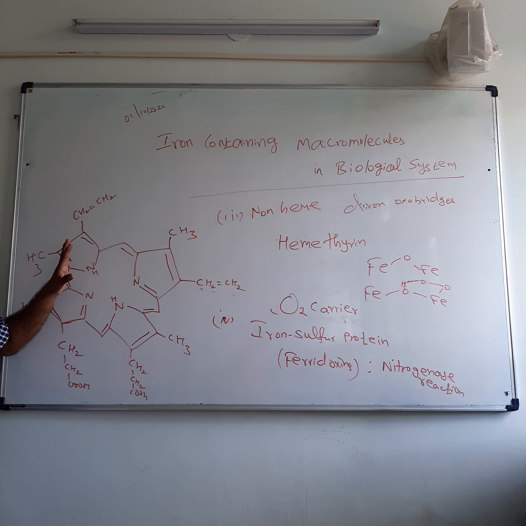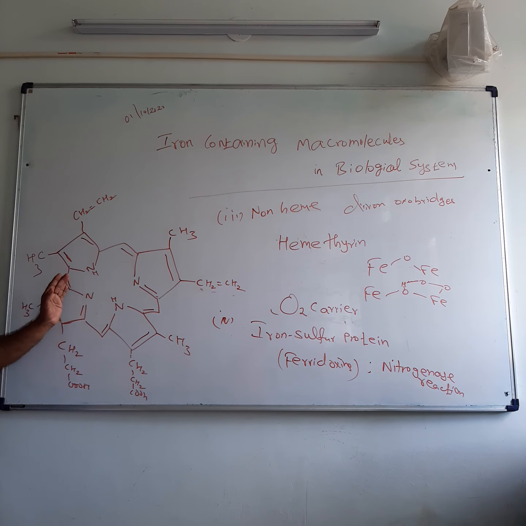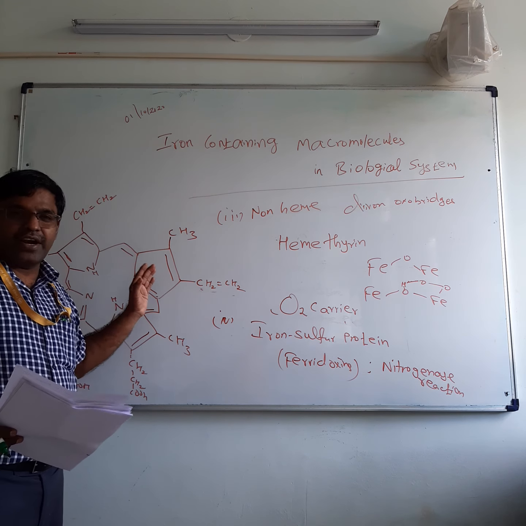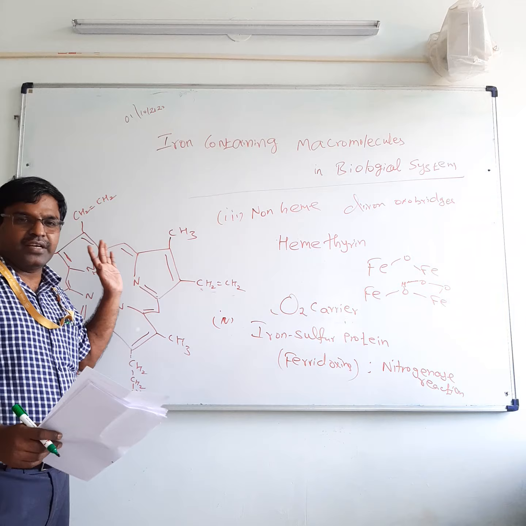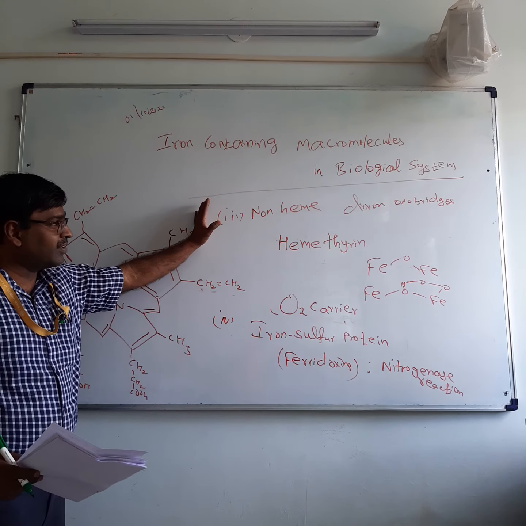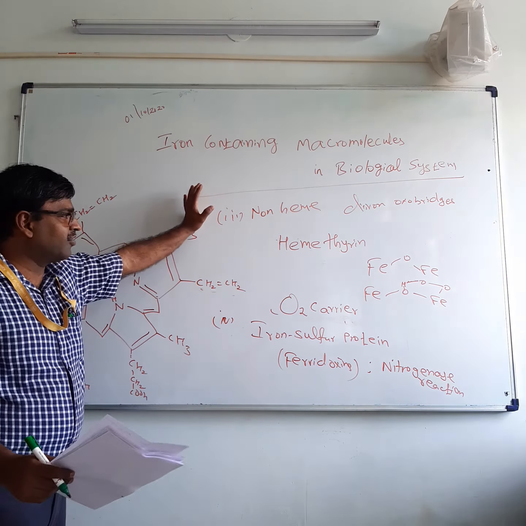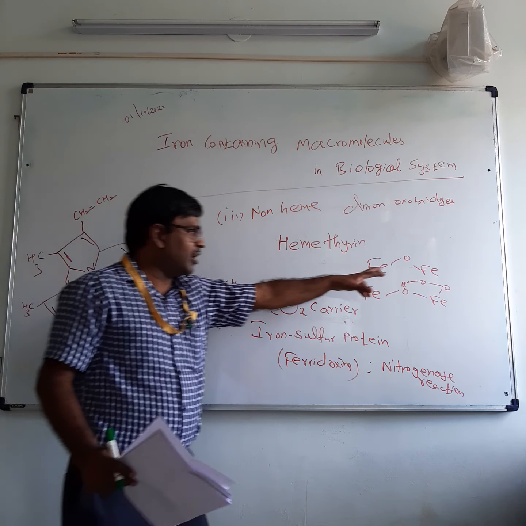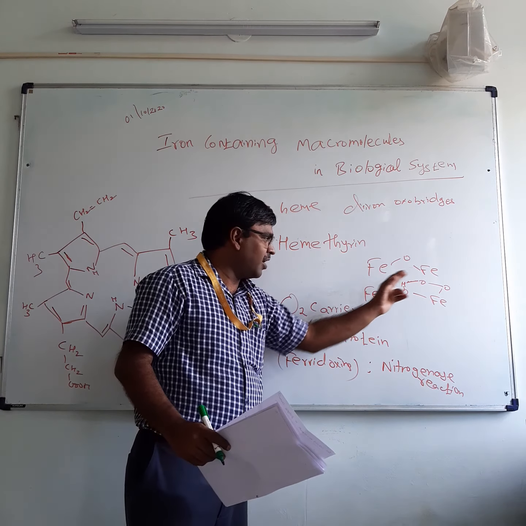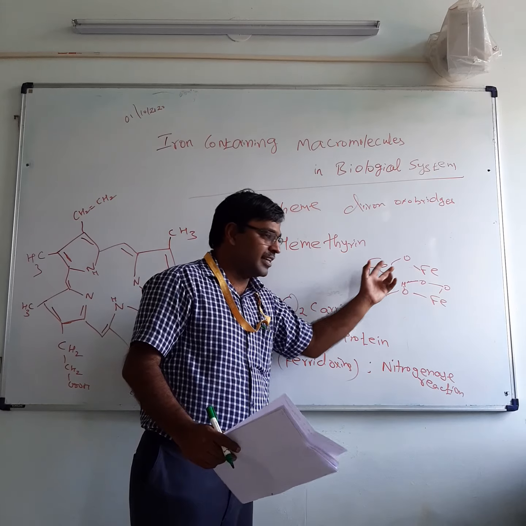That is the heme protein based iron macromolecule, used for oxygen storage as well as oxygen transfer. Then the non-heme proteins: the first involves transferrin and ferritin, the iron storage proteins. The other is the di-iron oxygen protein, hemerythrin, with bridging oxygen or bridging peroxide, used for oxygen transfer.